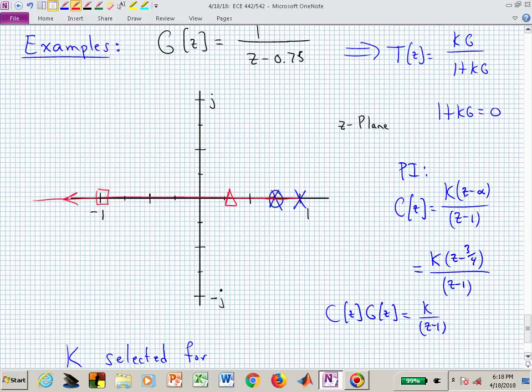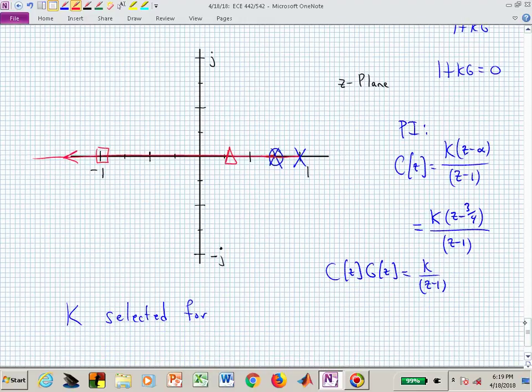But what happens with that triangle? Now that triangle can influence settling time, can't it? Performance or speed of response. So K can be selected for speed of response.